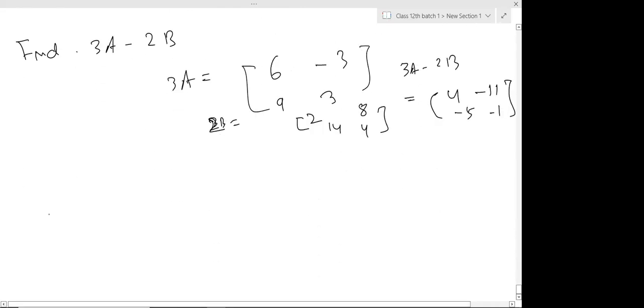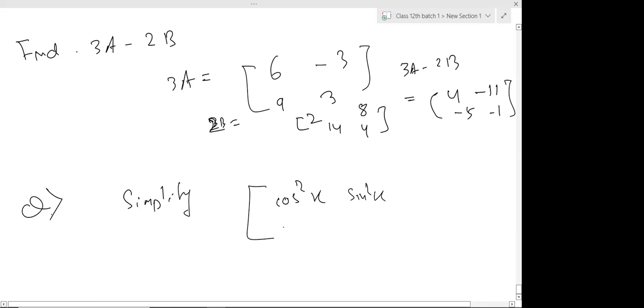Next question. Simplify the matrix with entries cos square x, sin square x, sin square x, cos square x, plus the matrix with entries sin square x, cos square x, cos square x and sin square x.